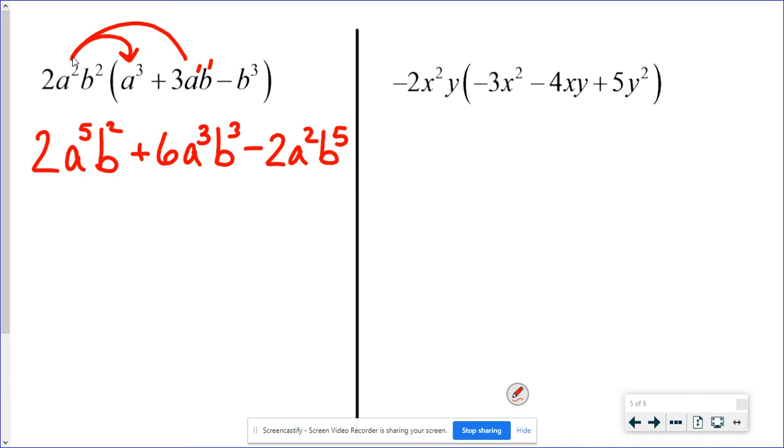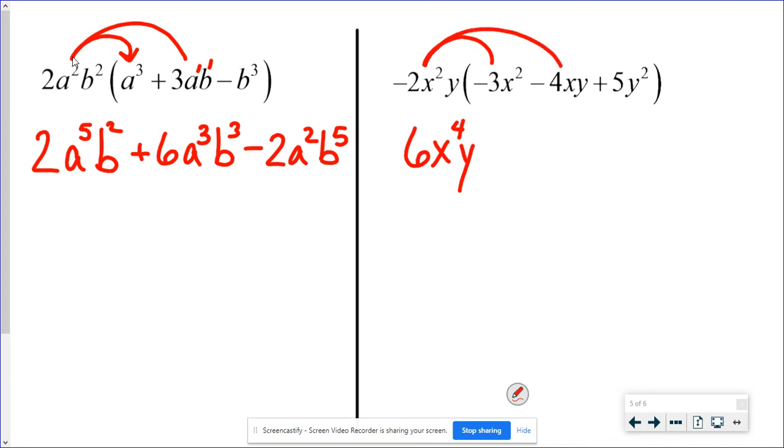And on this second problem, trying to throw in as many variables and exponents and negatives as we can. So with this distribution, negative 2 times a negative 3 is going to be a positive 6. x squared times x squared will be x to the 4th, and we have a y.